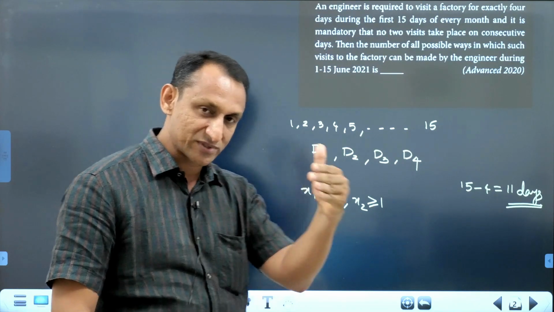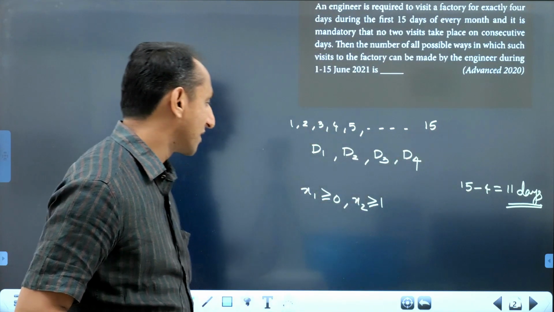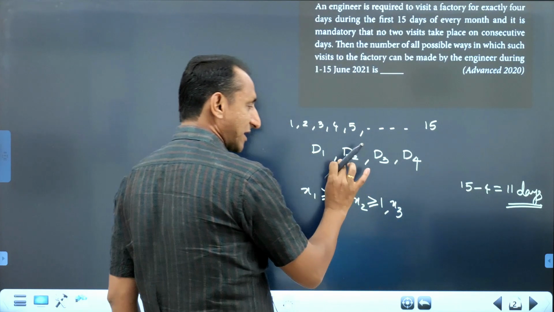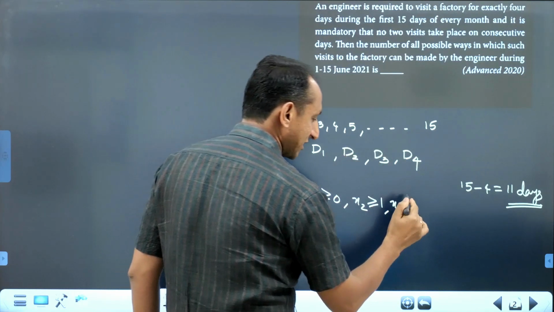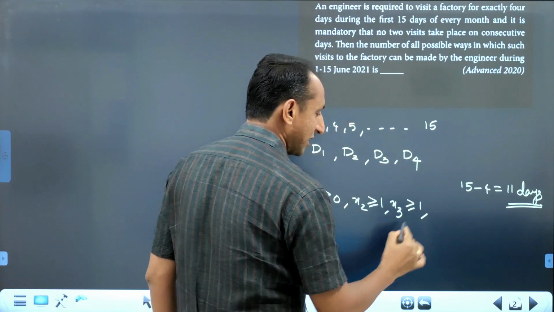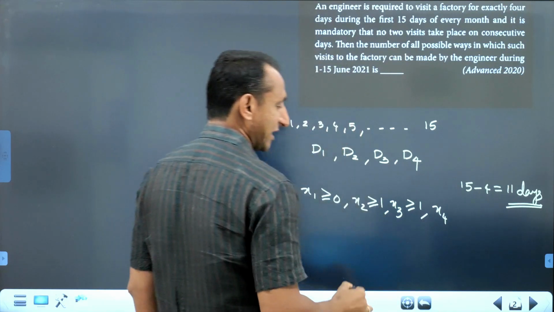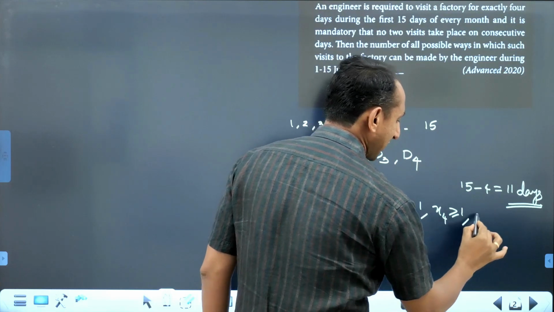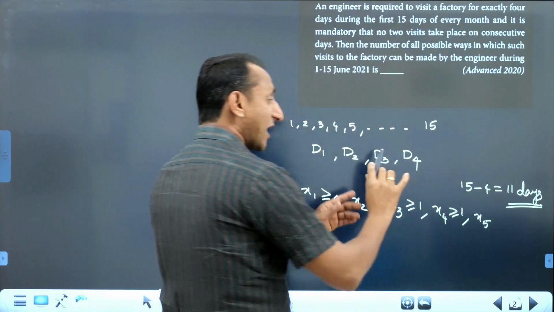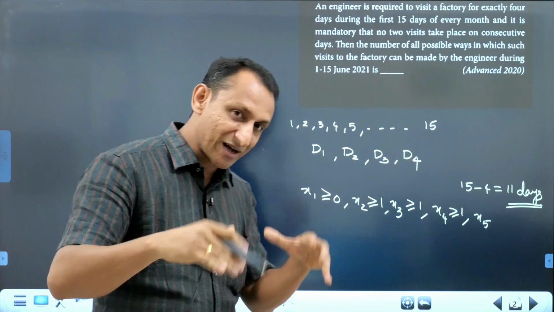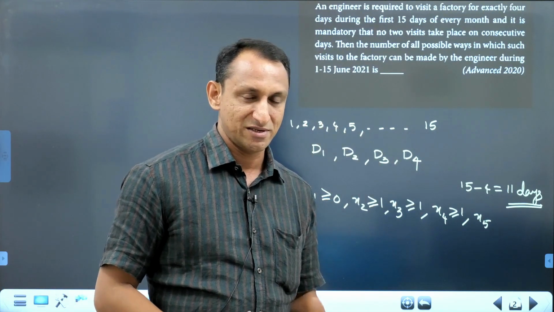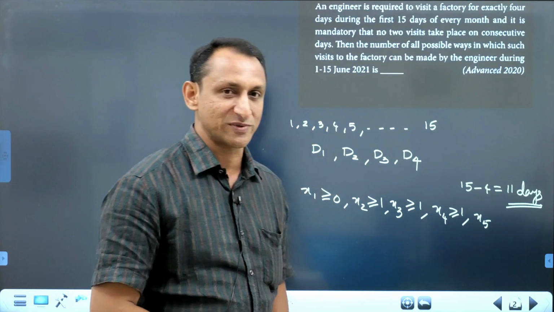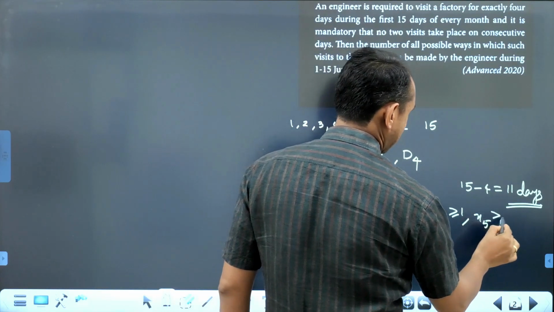It is either 5th, 6th, etc. Also x3 is the number of days between D2 and D3, which is greater than or equal to 1. x4 is the number of days between D3 and D4, which is greater than or equal to 1. x5 is the number of days after the 4th visit, which is greater than or equal to 0.